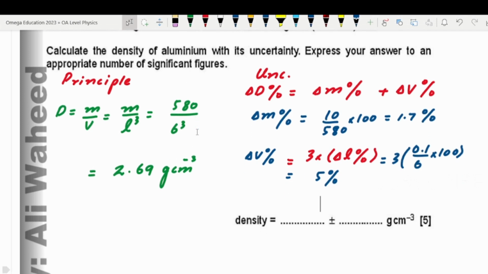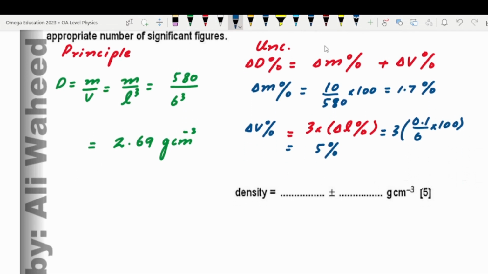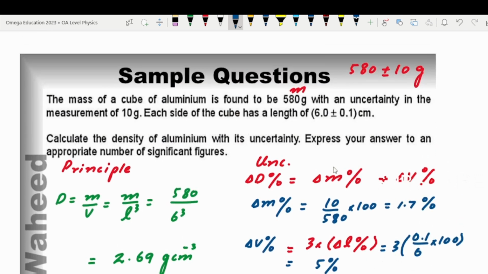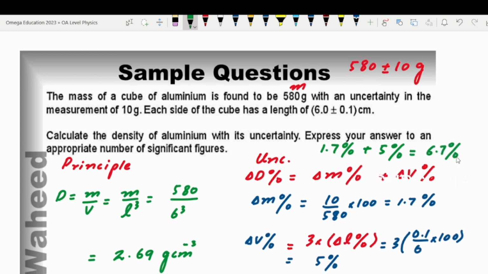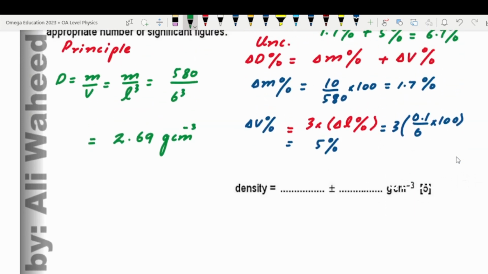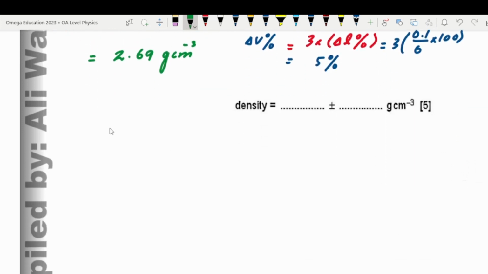What is the total uncertainty in density? You add these two, so delta M was 1.7% plus 5%, so the total uncertainty in density would be 6.7%. Alright, keep it in your mind, 6.7% is the total uncertainty in density.